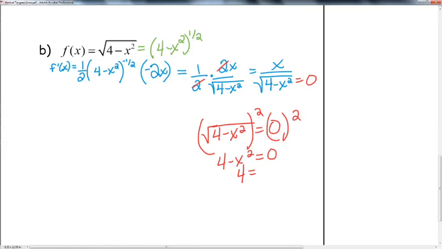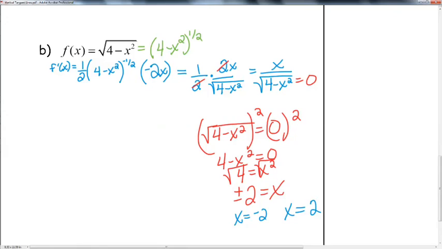So I have 4 is equal to x squared. If I take the square root, I'm going to get plus or minus 2 is equal to x. And so those are my two tangent lines. My first tangent line is x is equal to negative 2. My other vertical tangent line is x is equal to positive 2.